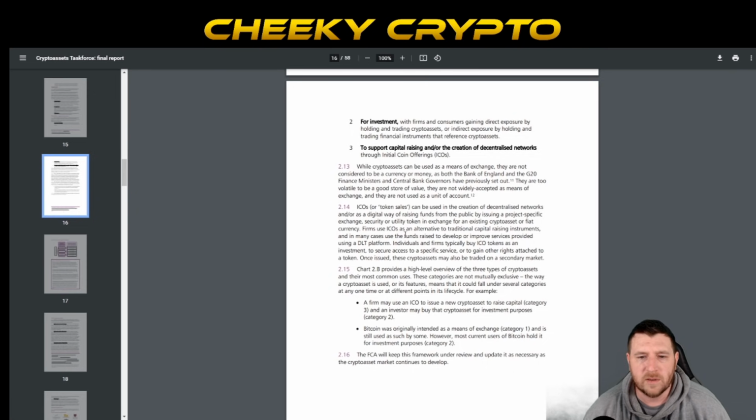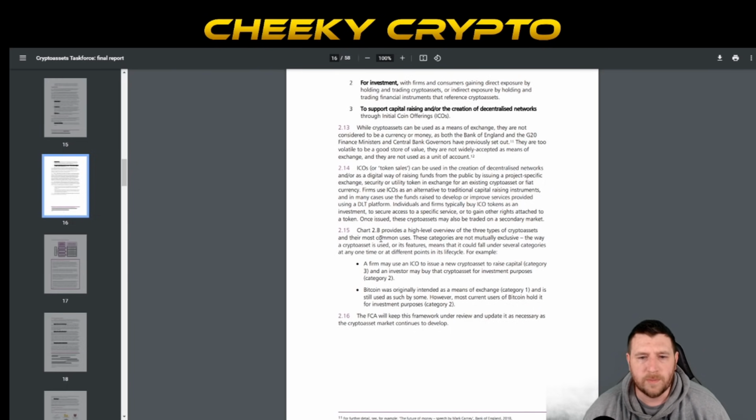Firms use ICOs as an alternative to traditional capital raising instruments, and in many cases use the funds raised to develop or improve services provided using the DLT platform. Individuals and firms typically buy ICO tokens as an instrument to secure access to a specific service or to gain other rights attached to a token. Once issued, the crypto assets may also be traded on a secondary market.